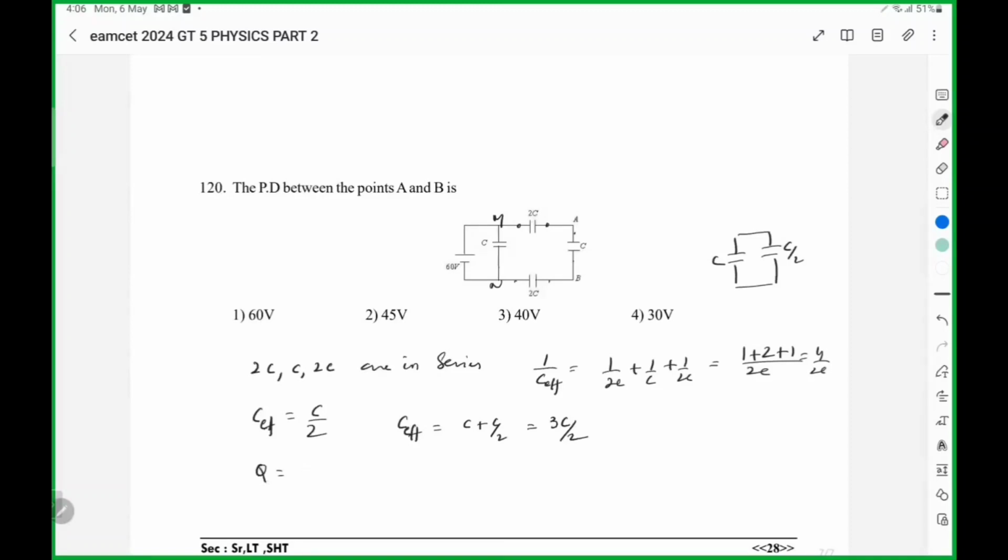Now the charge deposited is Q equal to CV, 3C by 2 into 60, 90C. This charge has to be distributed among these capacitors.